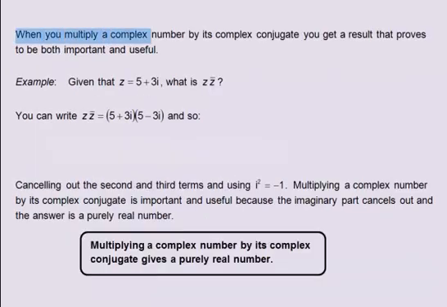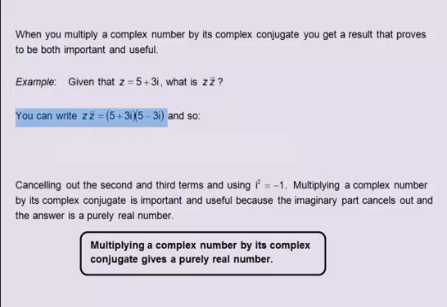When you multiply a complex number by its complex conjugate, you get a result that proves to be both important and useful. Example: given that z equals 5 + 3i, what is z z̄?